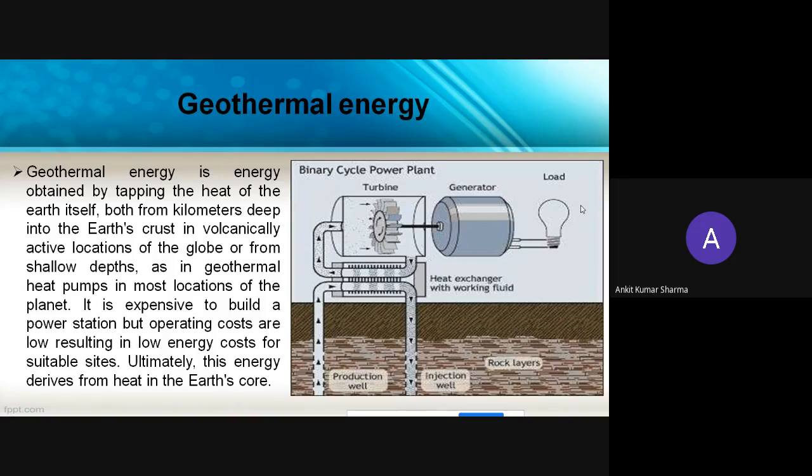Geo means the earth, and thermal means the heat energy. So the geothermal energy is actually obtained from the earth crust.